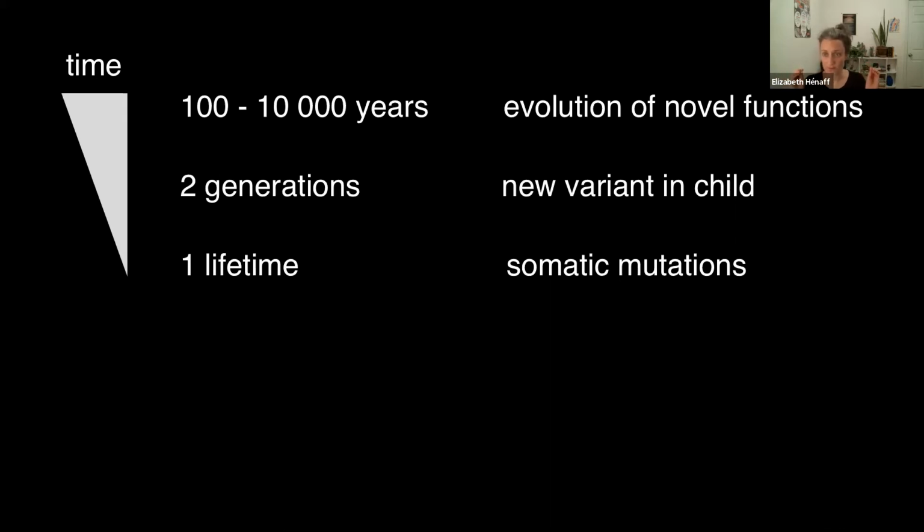But if you're observing differences across two generations, so maybe between a parent and a child, those differences might carry less weight or be less important because you already expect there to be differences from one generation to the next.